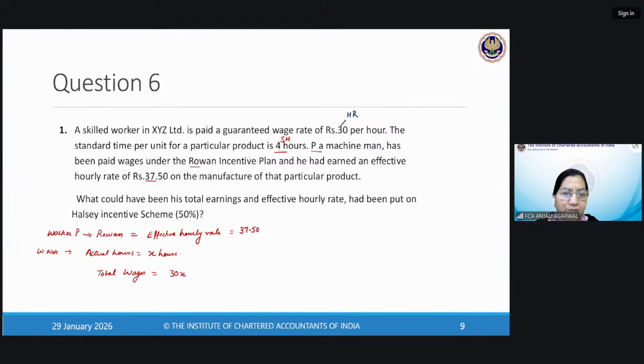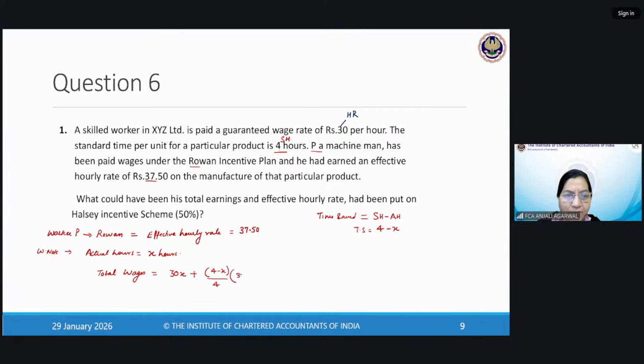So his total wages would be based on time rate first, 30X, plus there would be some bonus. Bonus would be time saved. Now, instead of writing time saved and introducing a second variable, I would rather say time saved is equal to standard hours minus actual hours. Standard hours are mentioned as 4 and actual hours we have assumed as X. So time saved is 4 minus X, right? And divide by standard hours, which is 4.